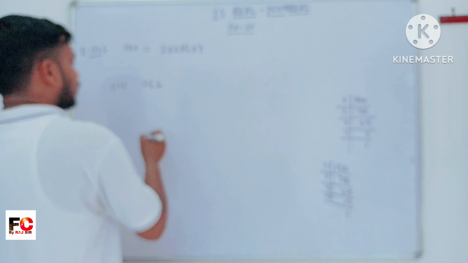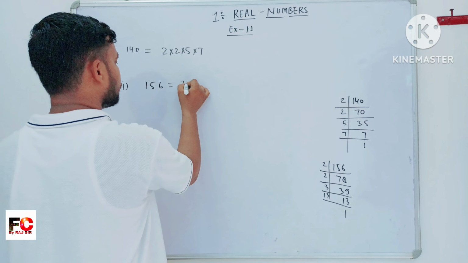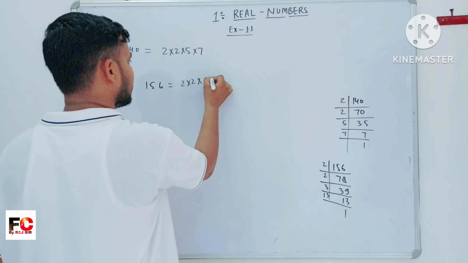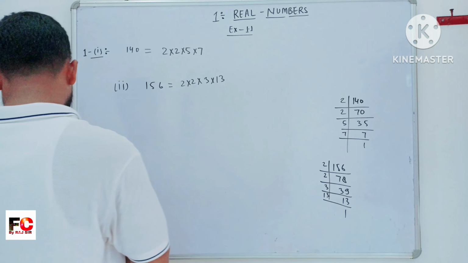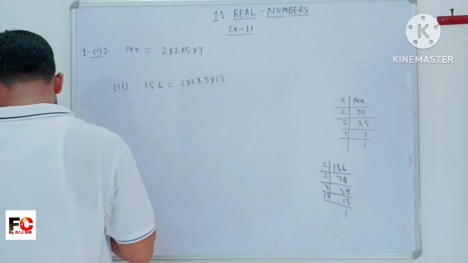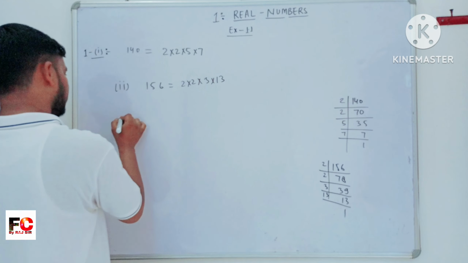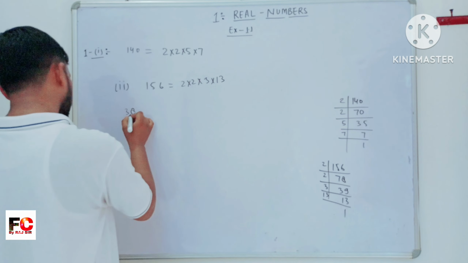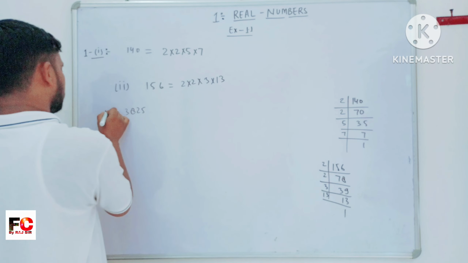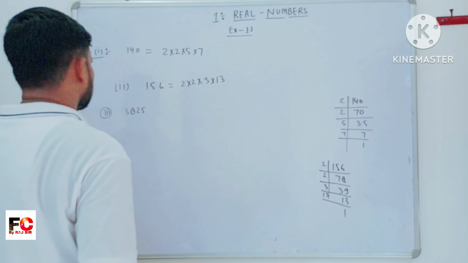Okay, now 156 can be written as 2 into 2 into 3 into 13. Okay, that's all. The next number is 3825. Okay, and we have to write the prime factors of these numbers.